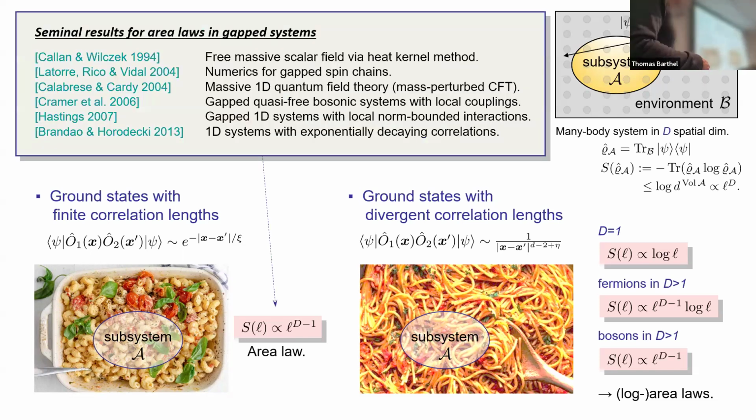And yeah, these results are not super rigorous. There are some rigorous results here for 1D gapped systems by Hastings and Van Dau. But for 2D, we have some specific models that you can simulate, or we can do some perturbative field theory, for example, to establish such area laws.